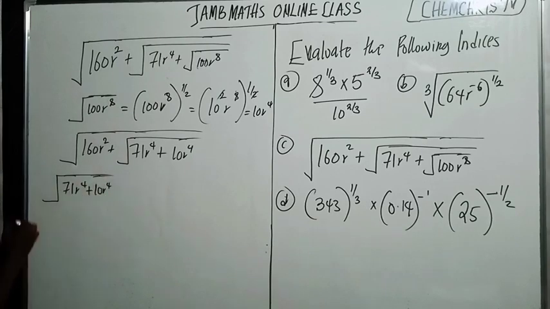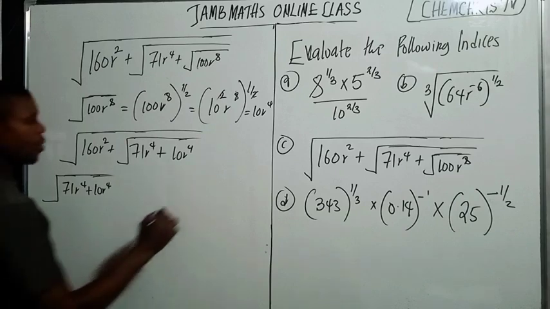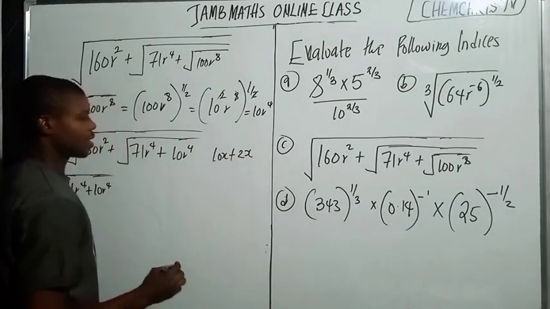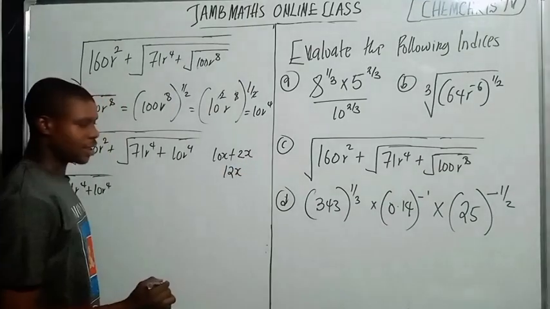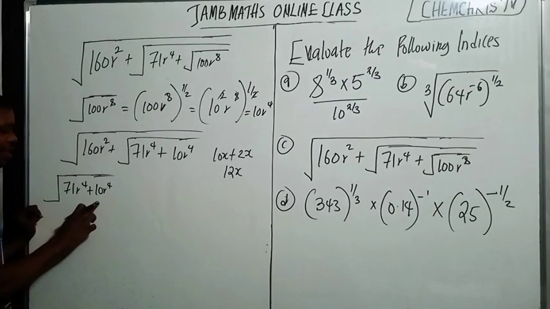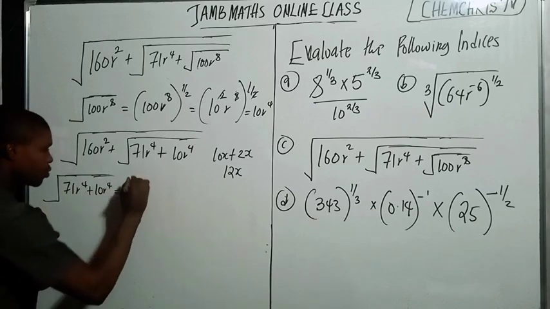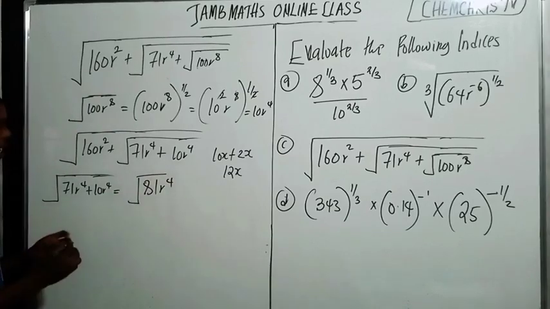Now when I sum them together, this plus this, right? So just like here, we have 10x plus 2x. What is the answer? 10x plus 2x is what? Is 12x. Can you see that? So 71 r raised by 4 plus 10 r raised by 4 is going to be square root of 81 r raised to 4, right?